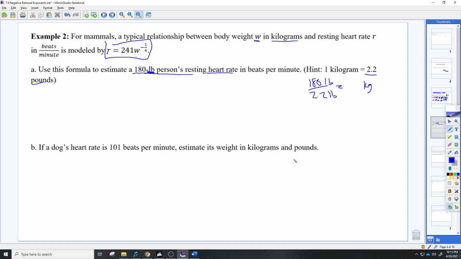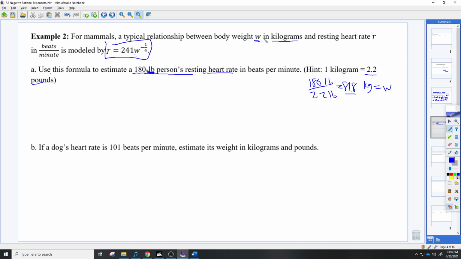So use your calculator and divide. 180 divided by 2.2, I got 81.8. It's a pretty long decimal because it keeps going, so we'll round this. So this is going to be our W value. We just found the weight in kilograms.